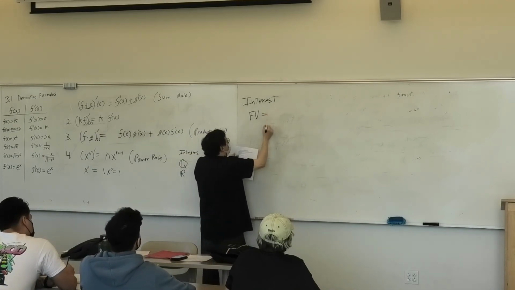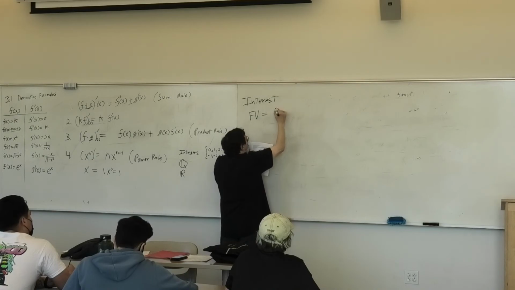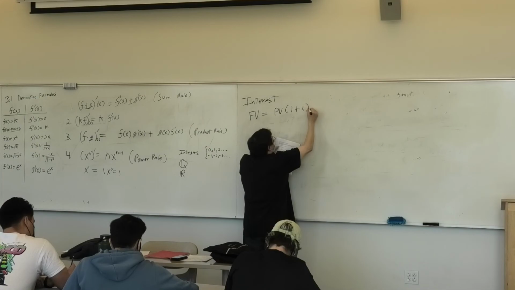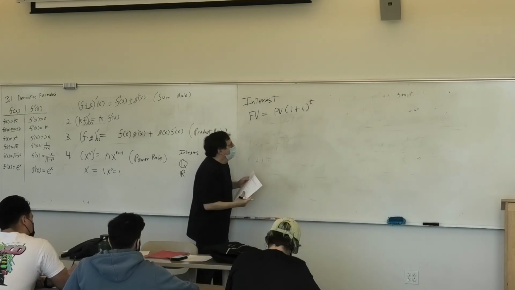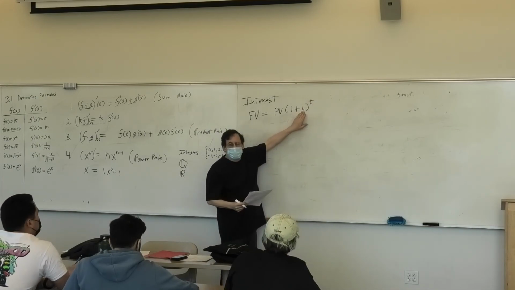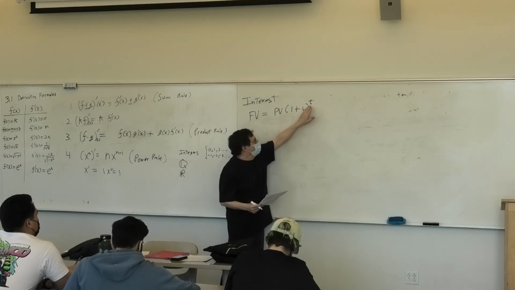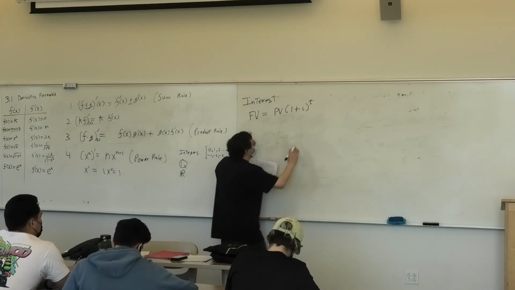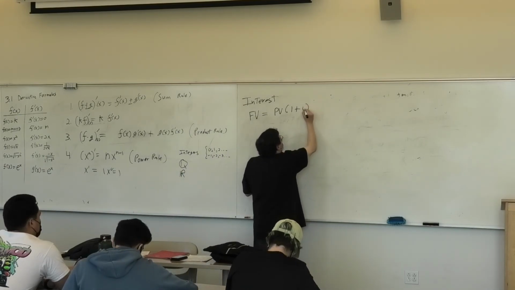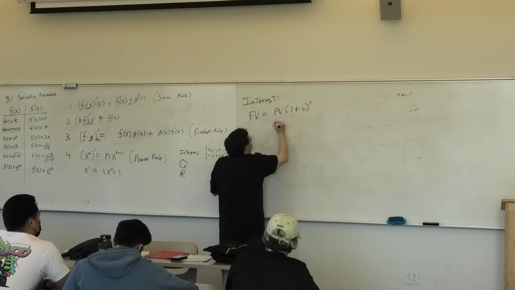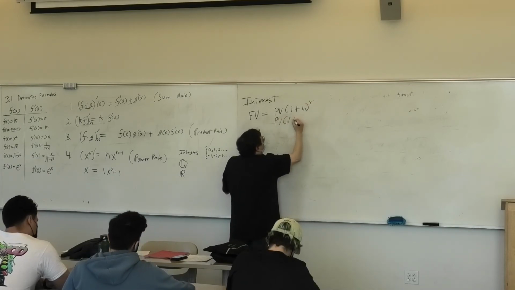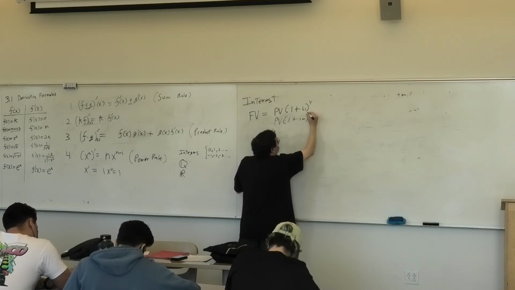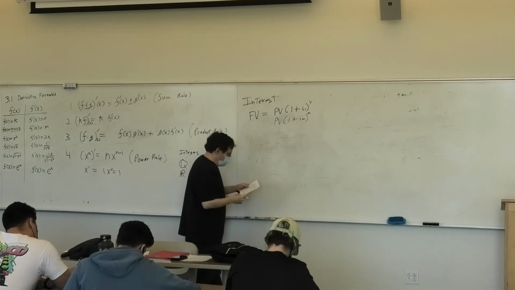You calculate a future value: the present value times 1 plus the interest times time. Your interest is yearly and this is in years, or monthly, months, and so forth: days, minutes, seconds.